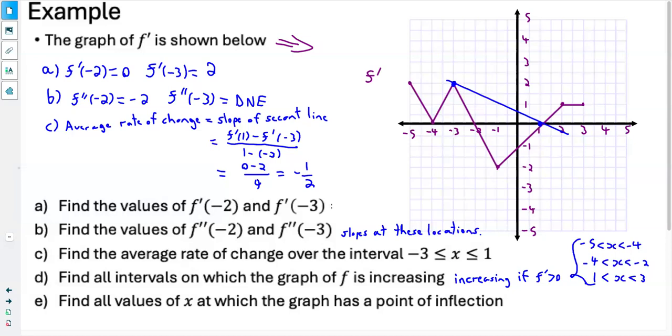Now find all values of x at which the graph has a point of inflection.